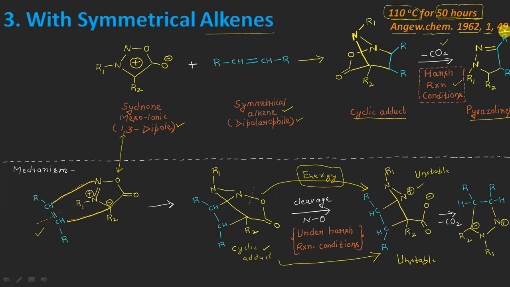So providing these harsh conditions will result in the elimination of a molecule of CO2 from here, such that now what is going to happen is these electrons will come here, sending these electrons onto this side, means a negative charge on this carbon atom bearing this R2 group here. Finally, this will be attracting one H positive ion from here.